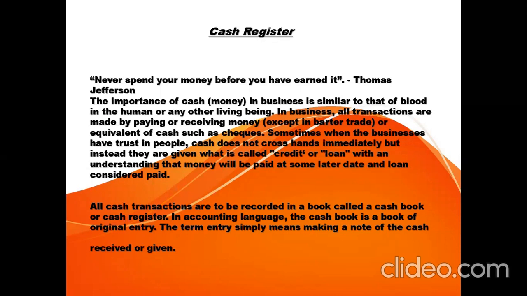Sometimes when the business has trust in people, cash does not change hands immediately, but instead goods are given, and that arrangement is termed as loan or credit, with an understanding that the money will be paid at some later date and the loan will be considered as paid in due course of time.